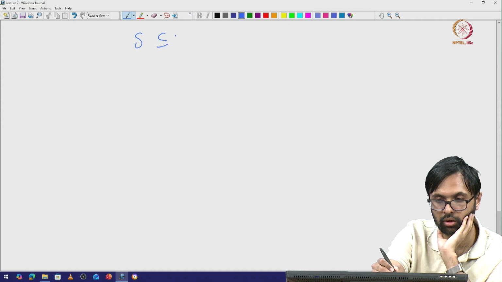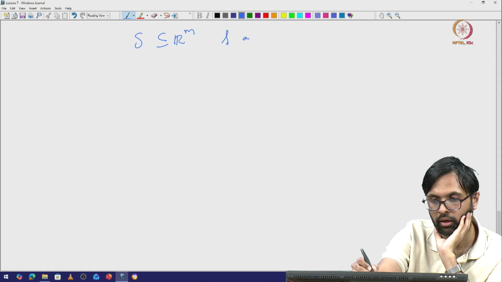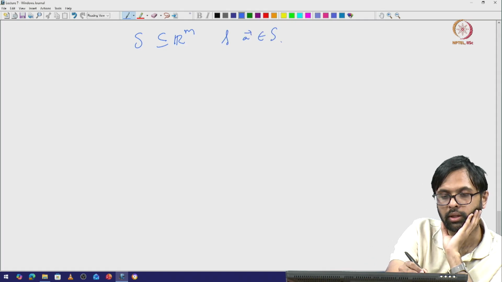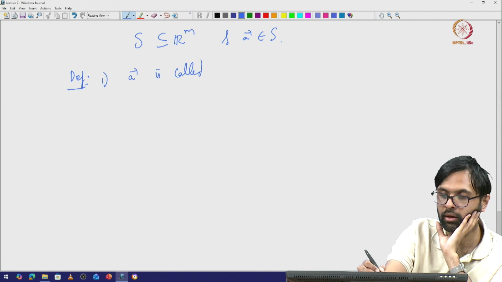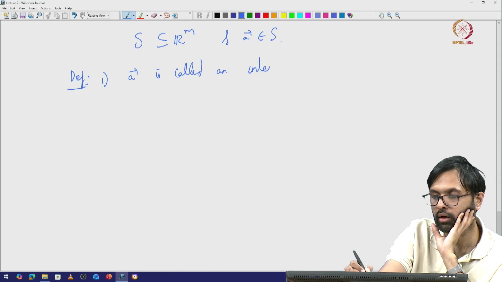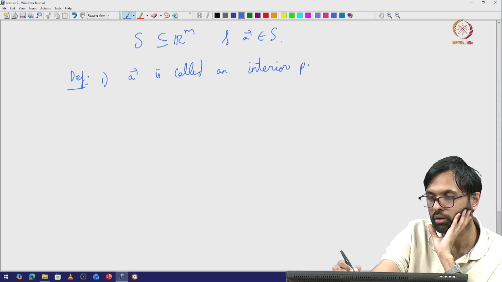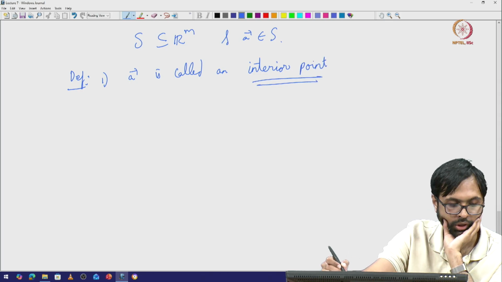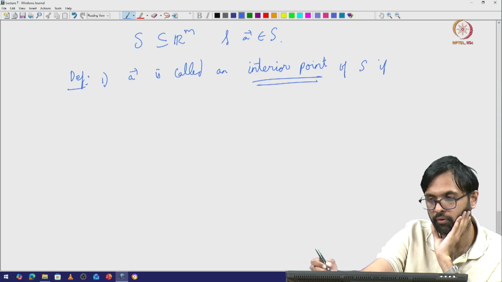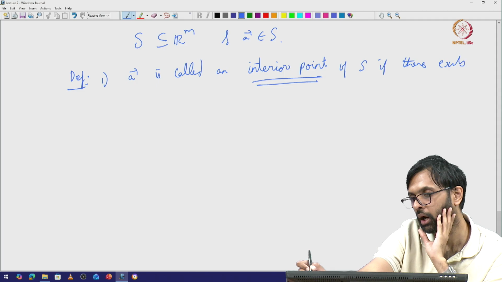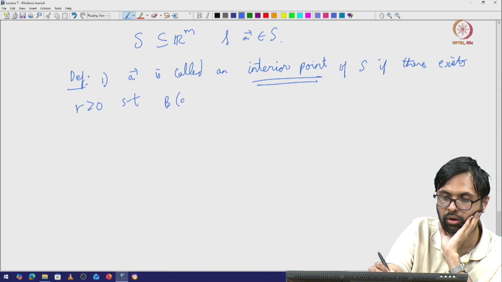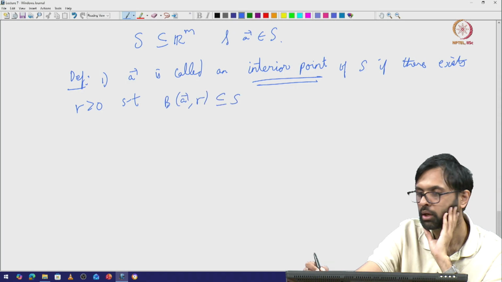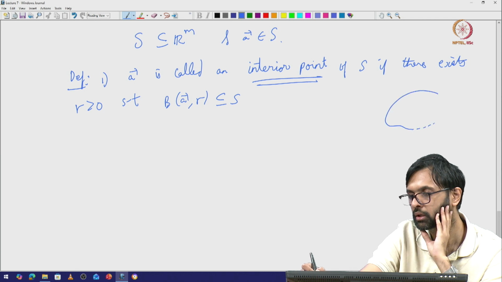Suppose S is a subset of R^m, and A is inside S. Then, definition: A is called an interior point of S if there exists an r positive such that the open ball is contained completely in S. Meaning, suppose S is like this.